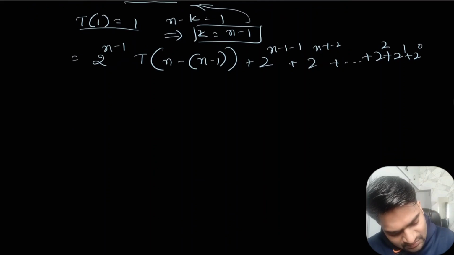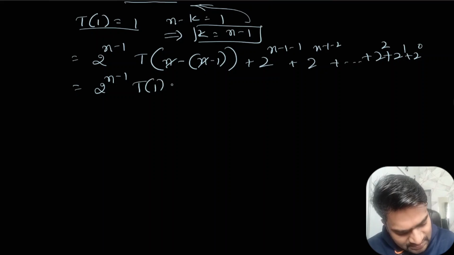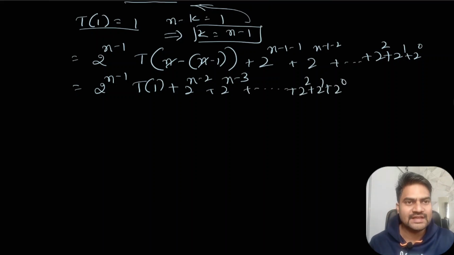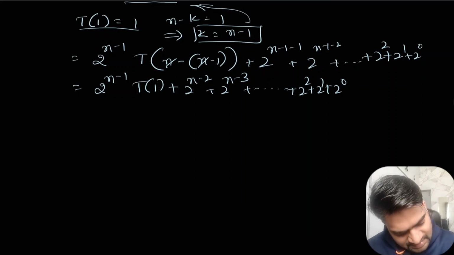Now this gets cancelled and this becomes T of 1. So 2 to the power n minus 1 T of 1 plus 2 to the power n minus 2 plus 2 to the power n minus 3 and so on till 2 to the power 2, 2 to the power 1, 2 to the power 0. Correct, right? Now this is 1.